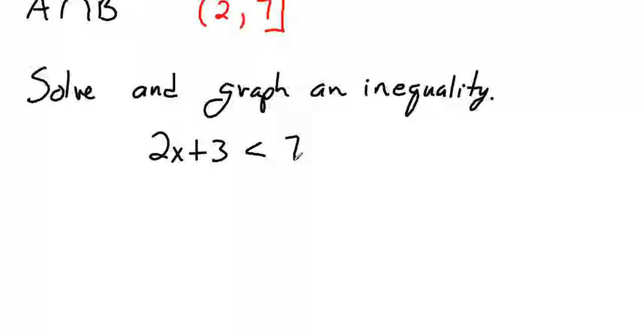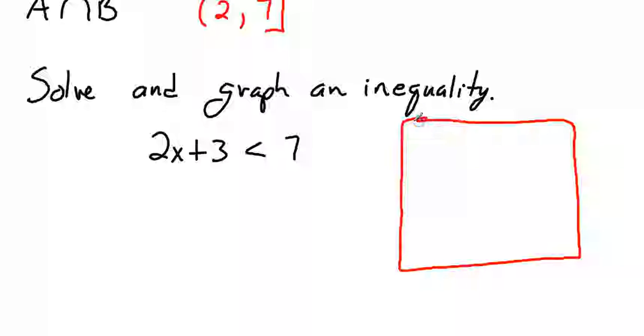Okay, and here's the one thing you've got to know. For inequalities and equations, there's only one difference for what you do. You're going to solve this thing like a regular equation. And that handwriting is terrible, so let's try that again.